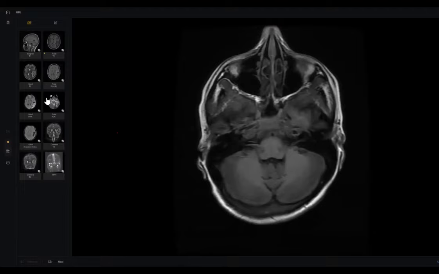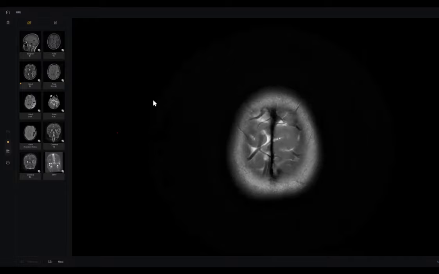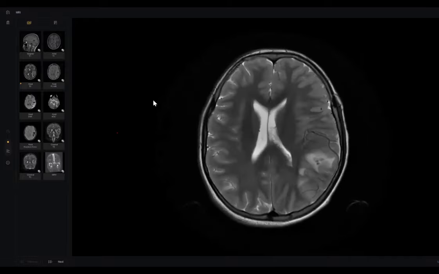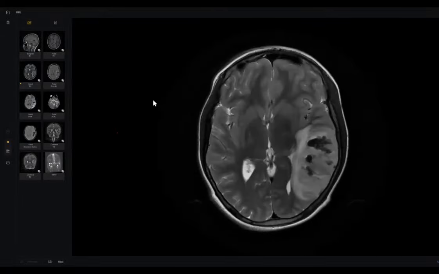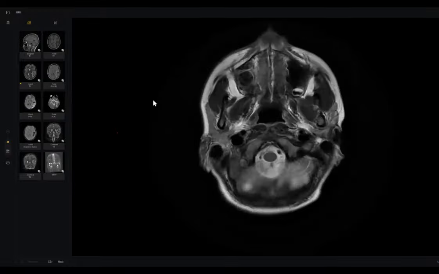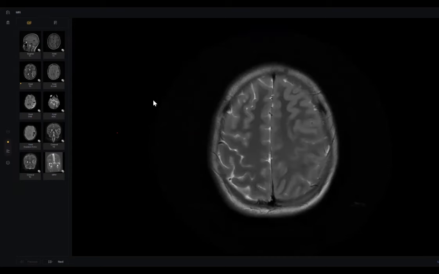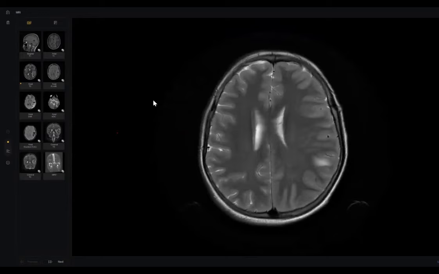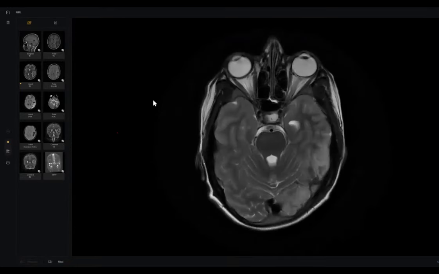Okay, on this T2 image, I can see the superior sagittal sinus flow void is maintained. It's quite fast scrolling actually. I just want to focus on this region, the vein of Labbé and the transverse sinus.